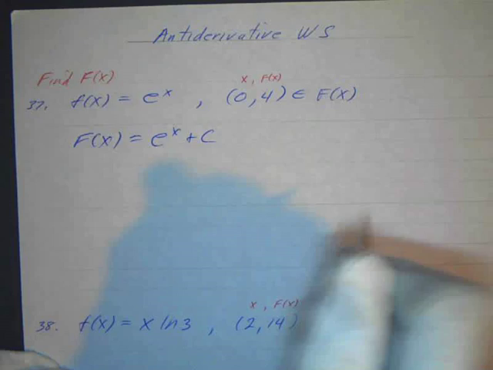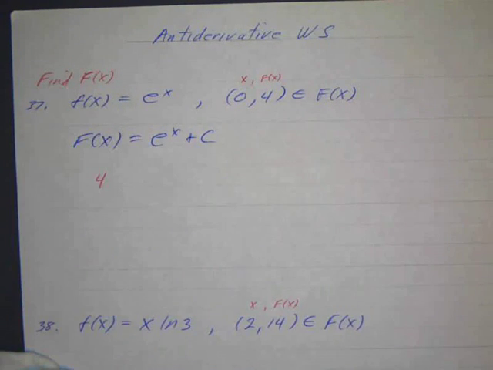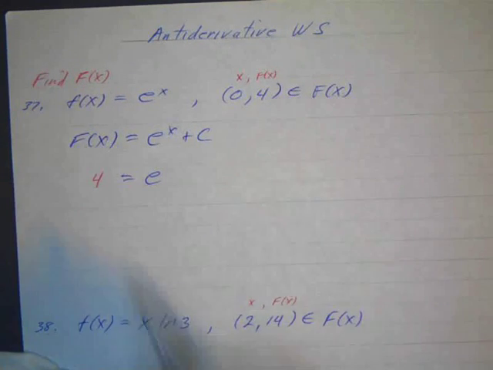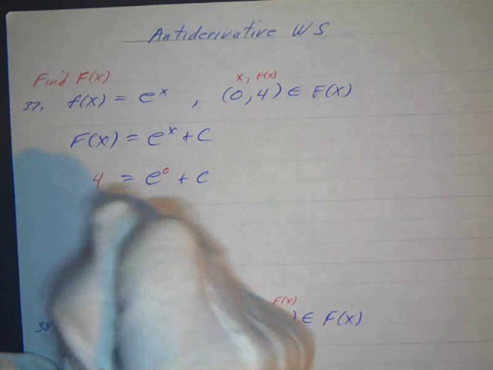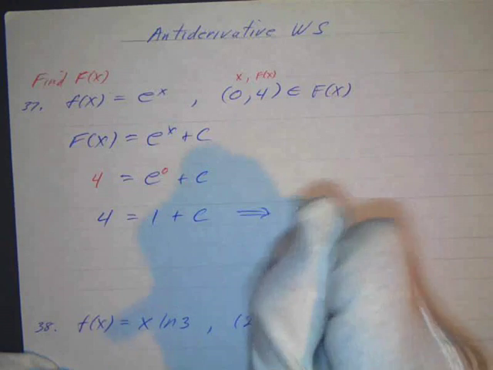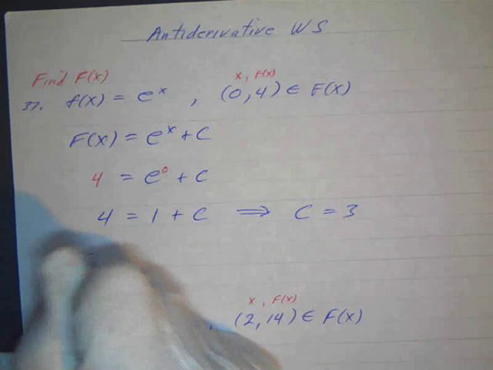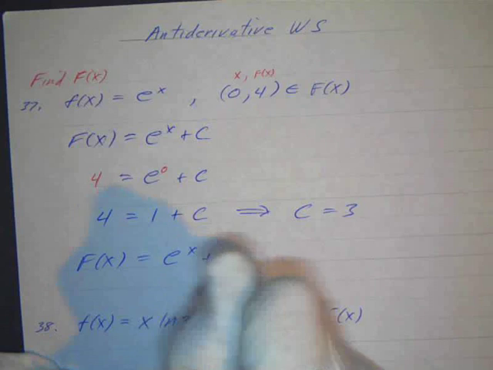And we know that f of x is 4 when x is 0. So that's 4 equals e to the 0, which is 1, plus c, so that implies that c equals 4 minus 1, which is 3. So f of x just equals e to the x plus 3.